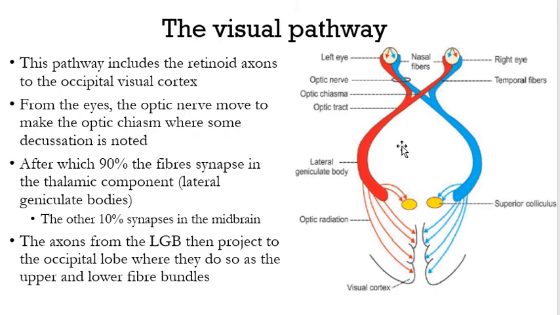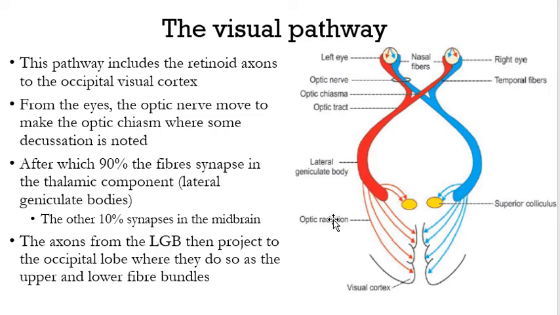But this particular slide is just there to show that the pathway includes these axons that are very specific in the way they move, and the optic nerve moves to the optic chiasm, where some of them decussate, and after that we have 90% of them synapsing at the lateral geniculate bodies that are part of the thalamic area.